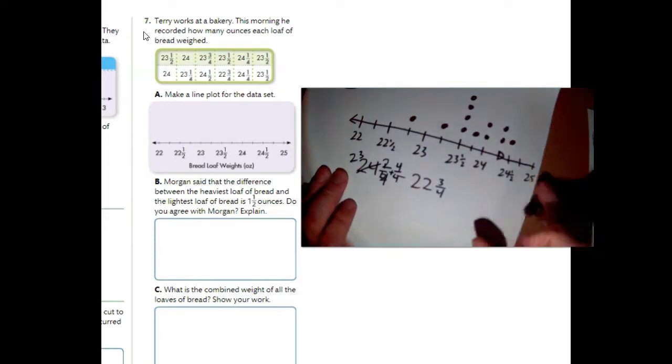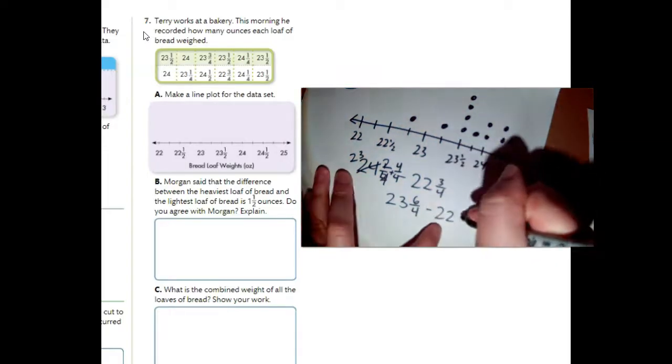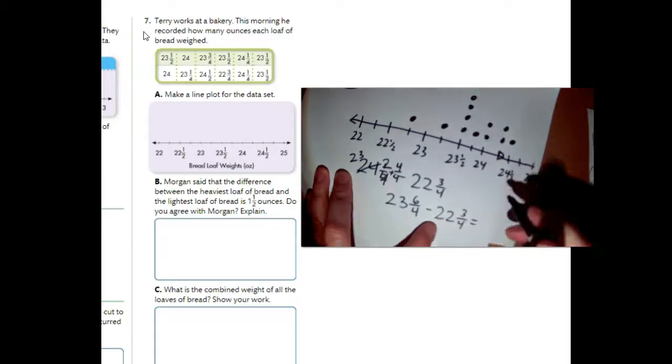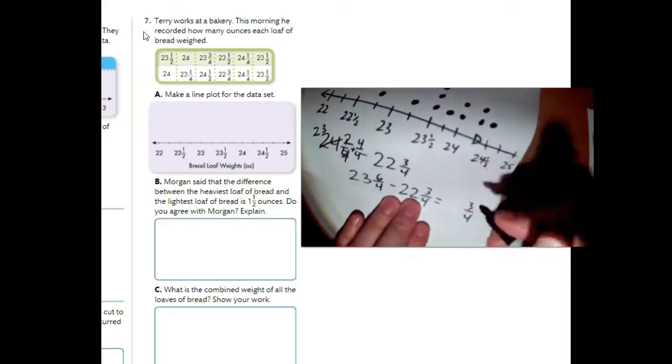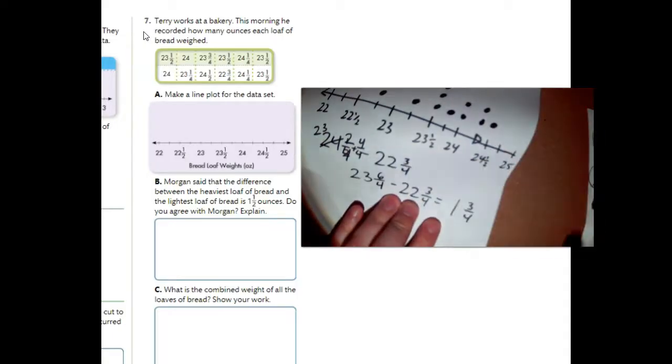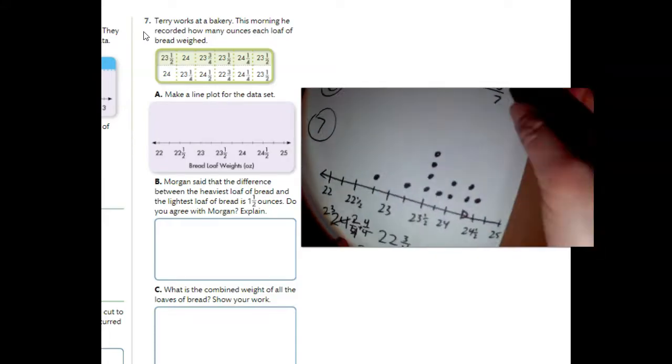We'd end up with 23 and 6/4 minus 22 and 3/4. When I subtract 6/4 minus 3/4, I get 3/4. 23 minus 22 is 1. It's a difference of 1 3/4 ounces. So it turns out our friend Morgan was not correct. And we can explain that by showing our math.